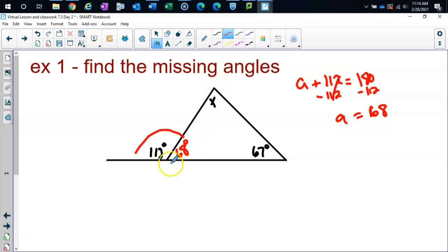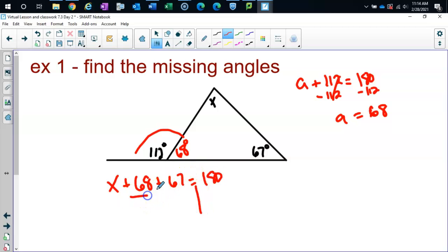Now I can look at my triangle. The three angles in every triangle in the world add up to 180. So to find x, I will have x plus 68 plus 67 equals 180.